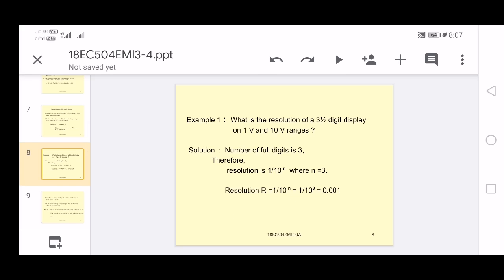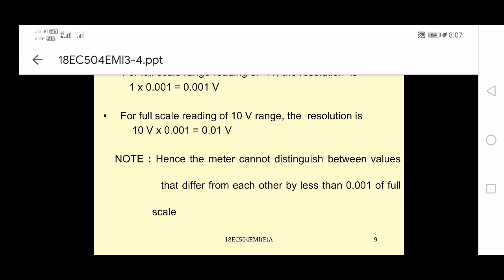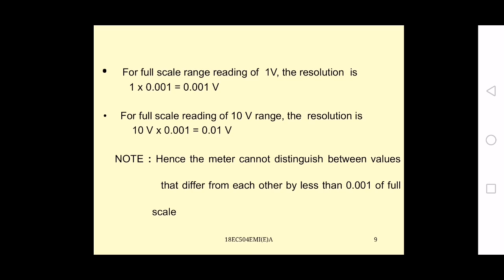On a full scale reading of 1 volt, the resolution is 1 into 0.001, so it will be 0.001 volts. For a full scale reading of the 10 volt range, the resolution is 10 volts into 0.001, so 0.01 volts.